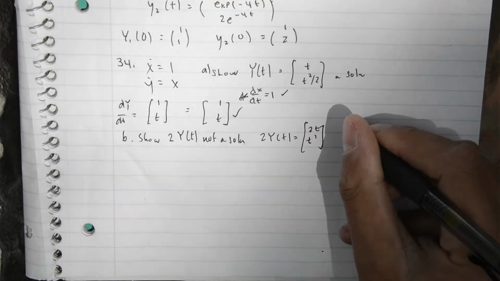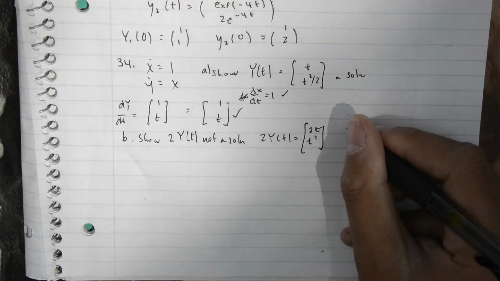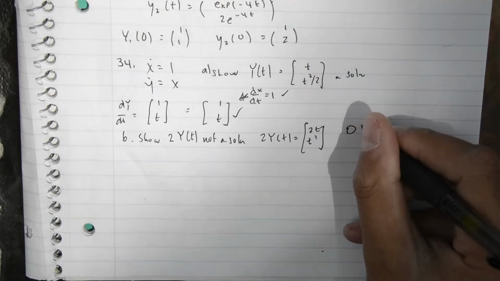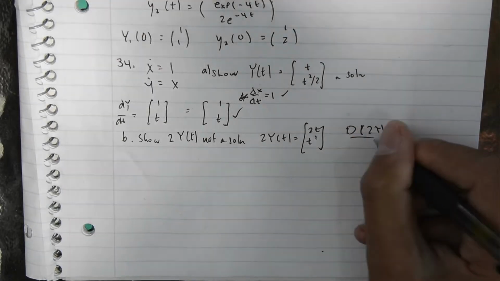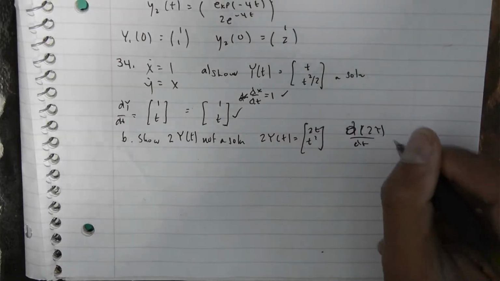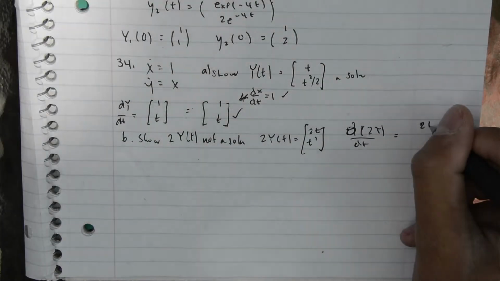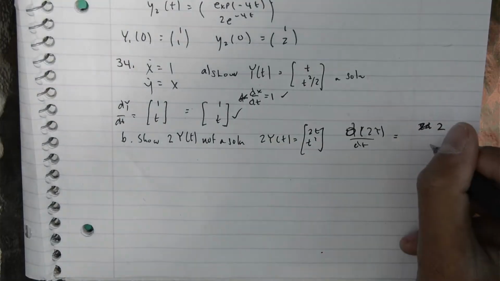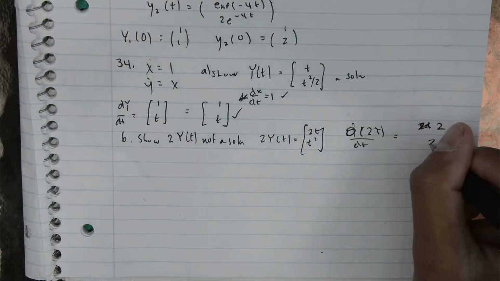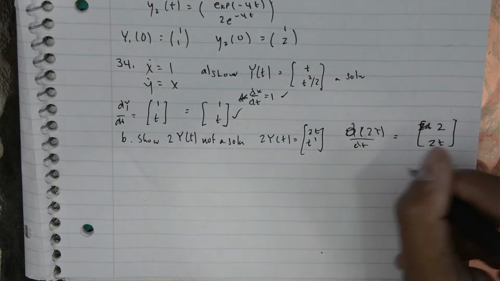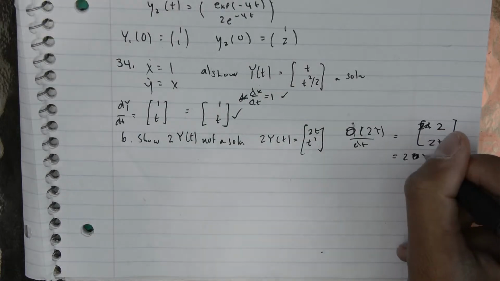Okay, so d of 2y is going to be equal to 2, and 2t, which is equal to 2y prime.